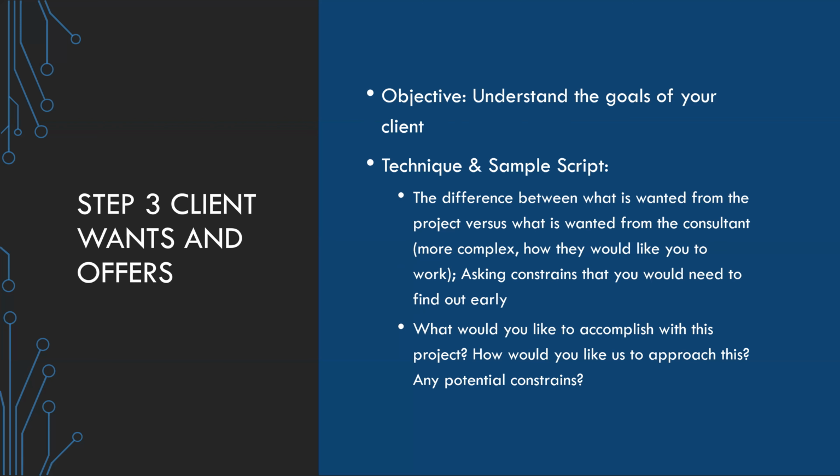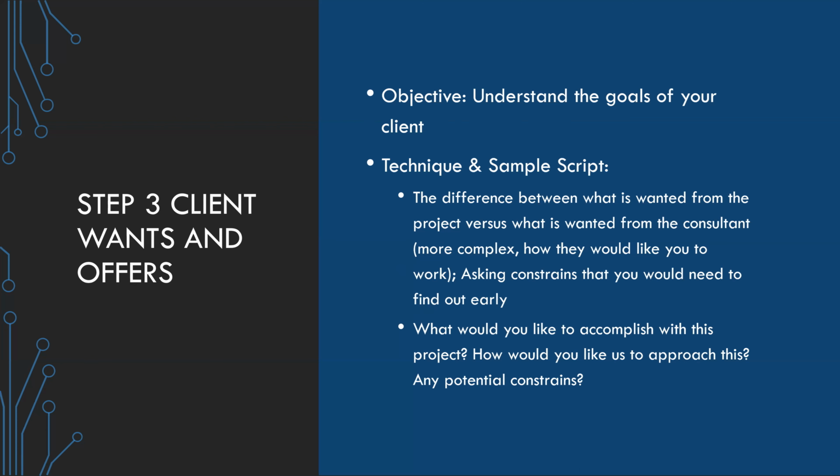The clients often have a good understanding of what kind of solutions they want, or what type of approach they would like you to take, but they may have different expectations about what is wanted from the consultant. These wants and desires could be more complicated. And basically, it could involve certain constraints of the organizations.